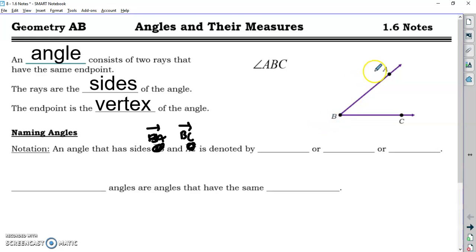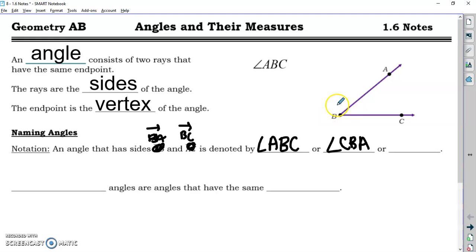Okay, there we go, ray BA, ray BC. So an angle that has those sides can be denoted by angle ABC. So we can say angle ABC, or we can say angle CBA. The order doesn't matter as long as the vertex is in the middle. So notice B is the vertex in the middle both times.